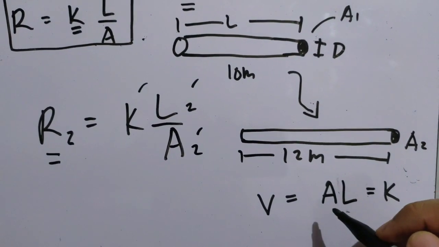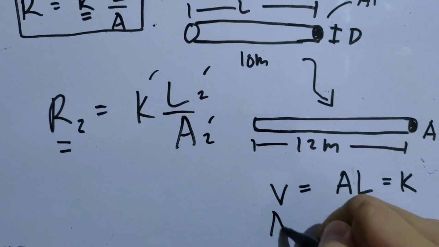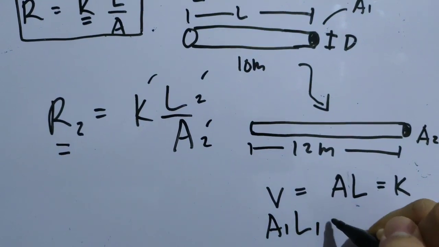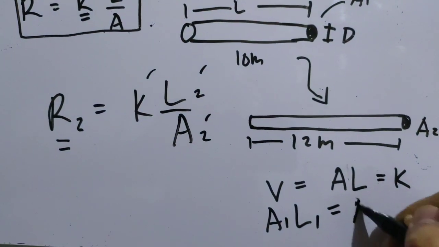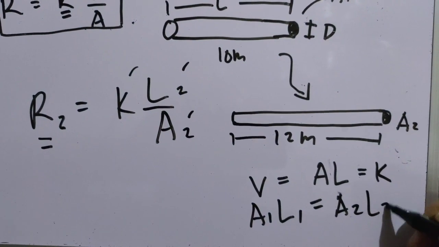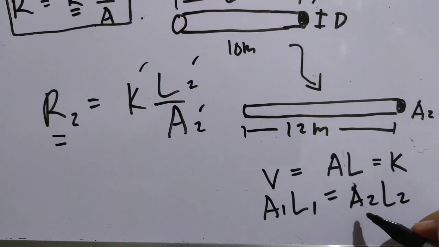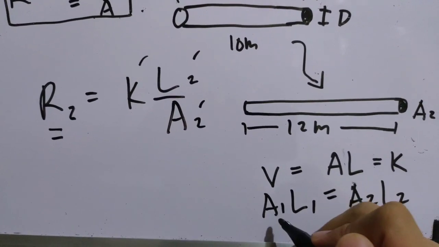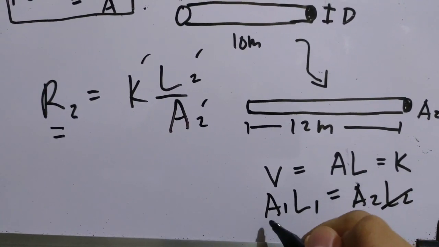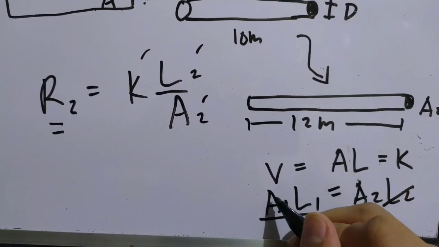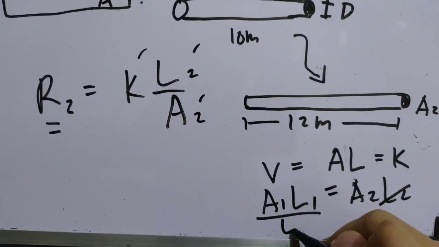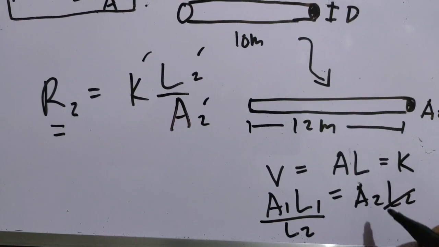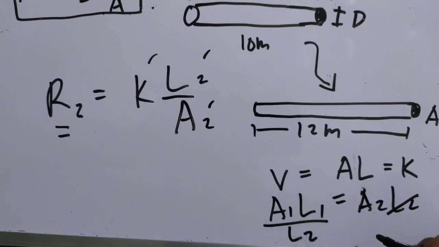So ibig sabihin, kapag pinag-multiply mo yung area 1 times yung length 1, equal lang siya sa area 2 times length 2. So para ma-solve mo yung area 2, divide mo lang yung both sides ng L2. So lilipat mo yung L2 sa kabila. So matatanggal yung L2 dyan. A2 is equal to A1 L1 over L2.